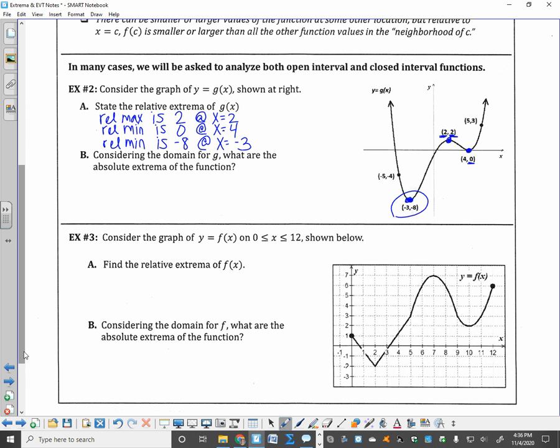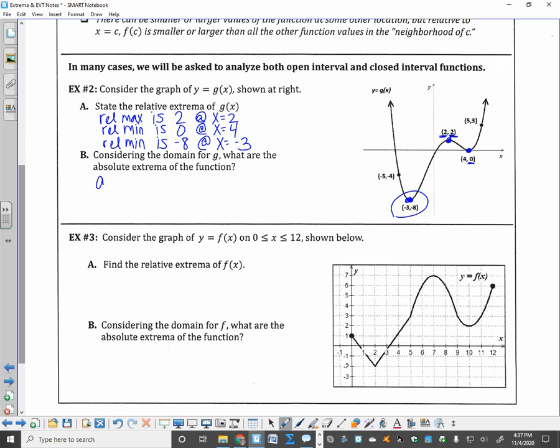Considering the domain for g, which is all real numbers, what are the absolute extrema? Well, it only has one absolute extrema, but I'm going to communicate that I am acknowledging that there is no absolute max.